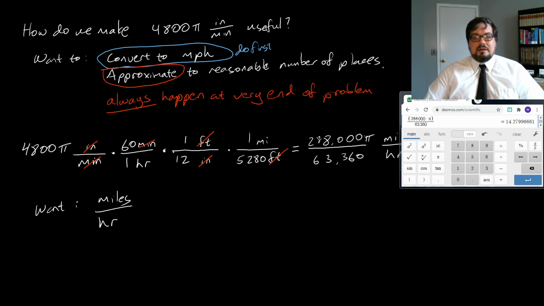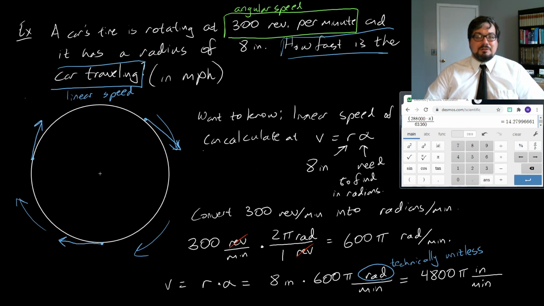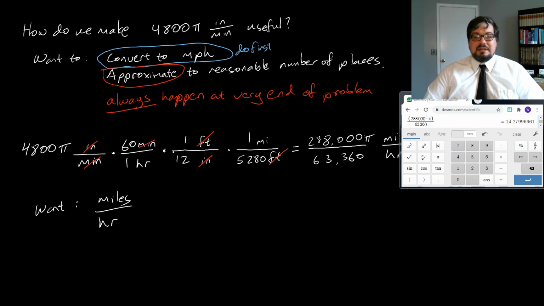If our tires have a radius of 8 inches and they are rotating at 300 revolutions per minute, then that means that the car that they're attached to is traveling at 14.28 miles per hour. And so this is an example of how we can use the relationship between linear distance, angular distance, linear speed, and angular speed in order to solve real life type problems.